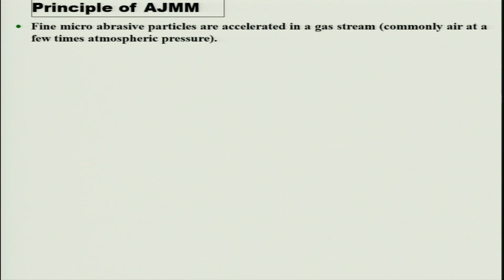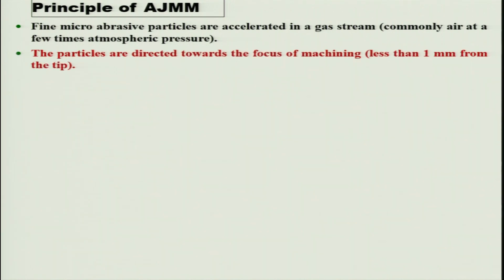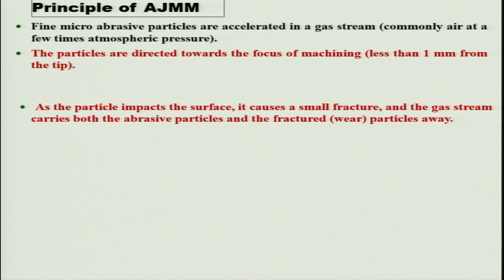In this process, fine microabrasive particles are accelerated in a gas stream, commonly air at a few times atmospheric pressure, but in place of air one can use other neutral gases also, just like nitrogen or other gases. The particles are directed towards the focus of machining less than 1 millimeter from the tip, that is known as standoff distance or nozzle tip distance.